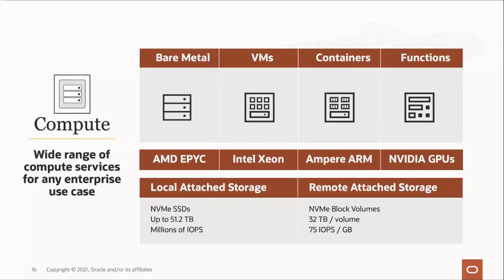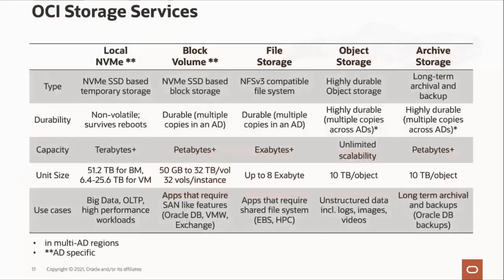We have some of our shapes here in the second row, which we'll definitely go through once we jump into the console. And then at the bottom, we have our different types of storage: our locally attached storage, as well as our block volumes and remotely attached storage. That brings us into our next slide, which is about all the different storage services that we have on OCI.